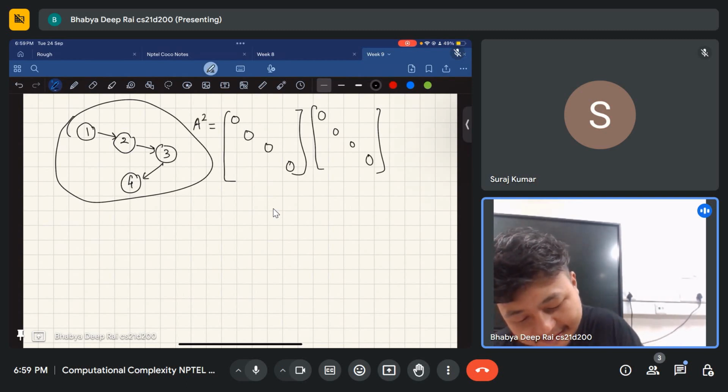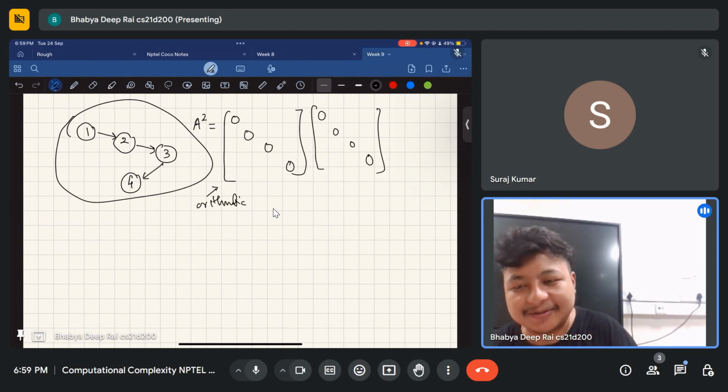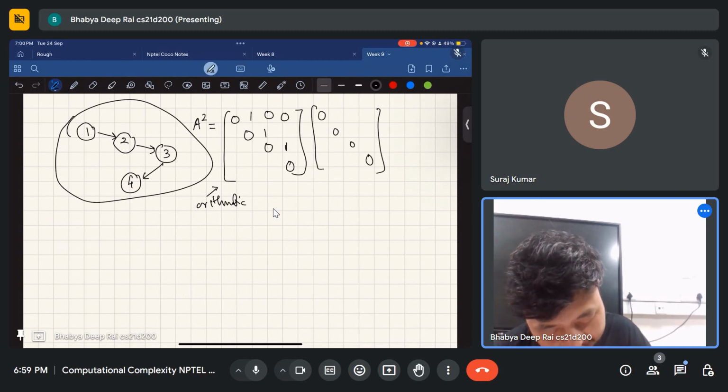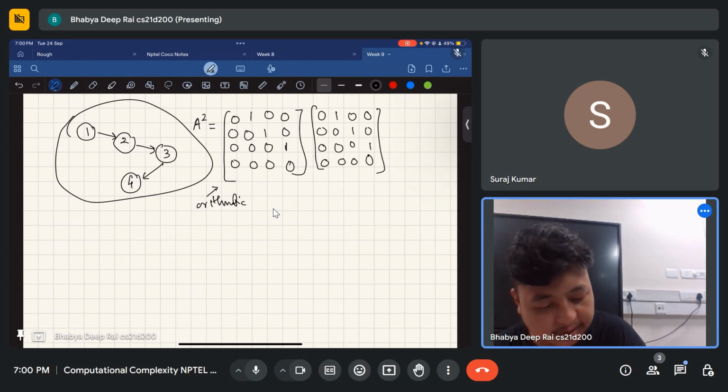And this is arithmetic multiplication, like the classic matrix multiplication. 1 goes to 2, and 2 goes to 3, and 3 goes to 4. This is correct. Now let us multiply them.